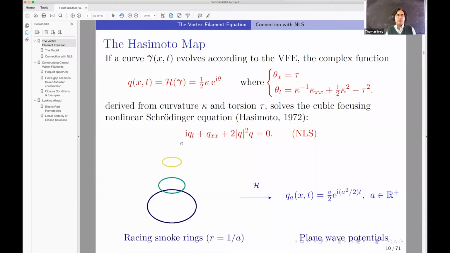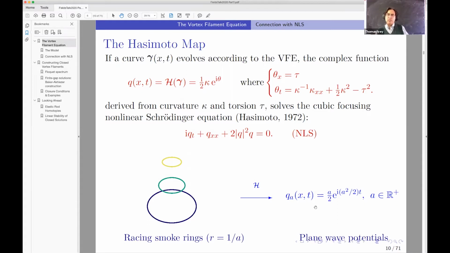So as I just mentioned, planar circles evolve by just translation under the VFE. And remember, the curvature of a circle is 1 over its radius. So if I make the radius 1 over a, little a is the constant curvature of the circle, and that's the vertical velocity of these translating circles.